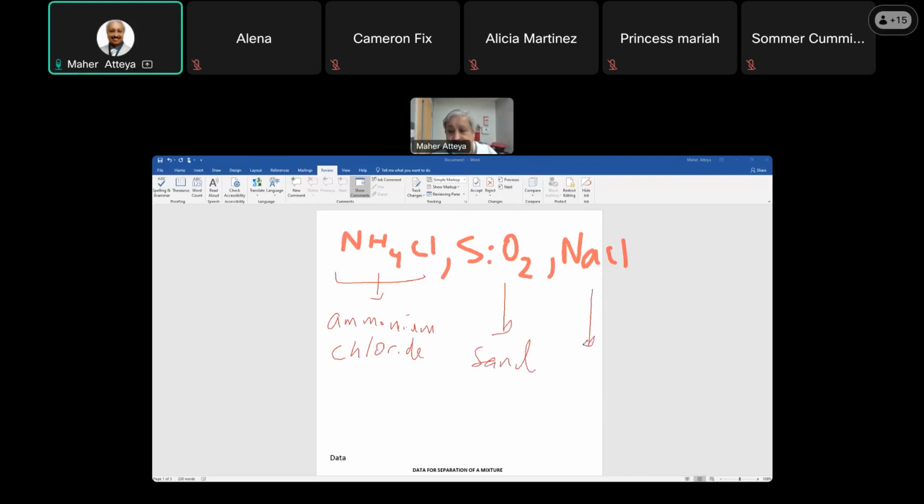This one here is sodium chloride. So this mixture is mixed together, and then we try to separate all those components of this mixture by themselves and determine the percentage recovery. Okay, we have to determine the percentage recovery.